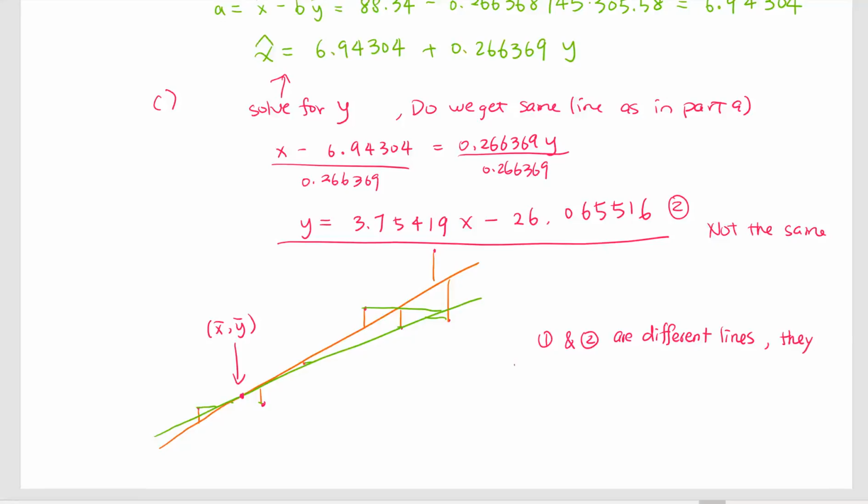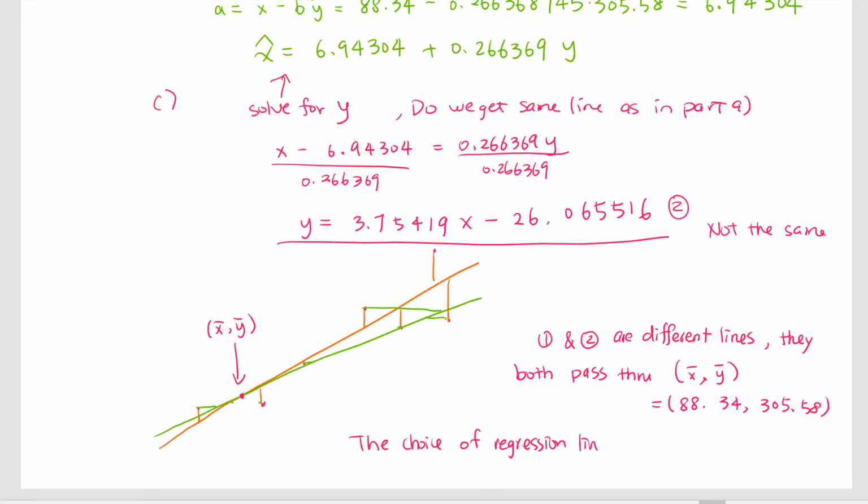but they both pass through the point x bar, y bar, which is 88.34 and 305.58. Okay, and the choice of the regression line depends on which variable we wish to predict.